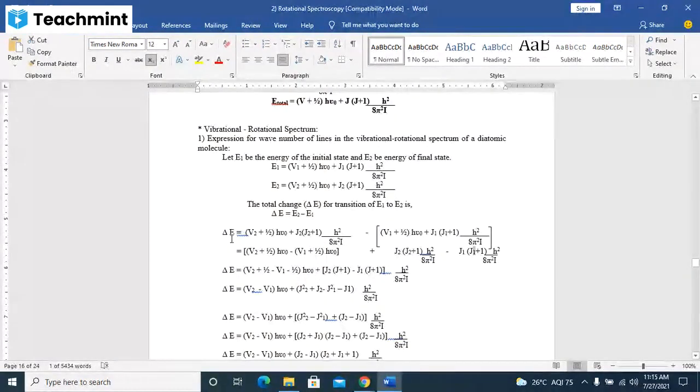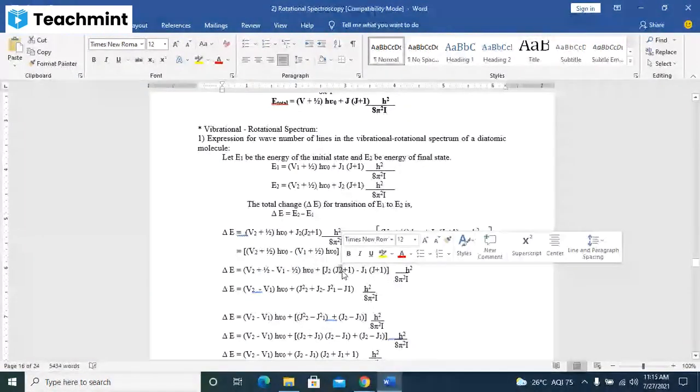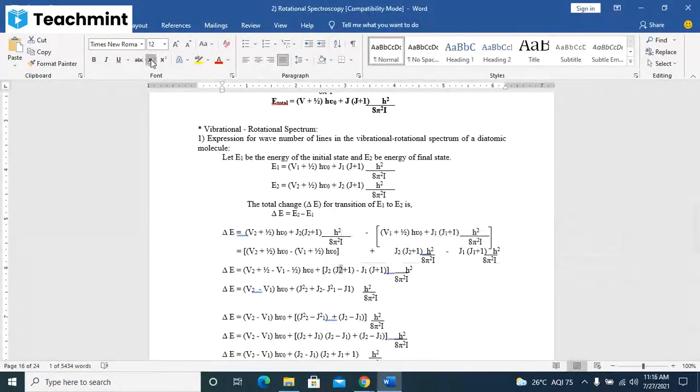Why? Because we have solved this bracket again. Plus in another bracket J2 in bracket J2, here J1 should be there.